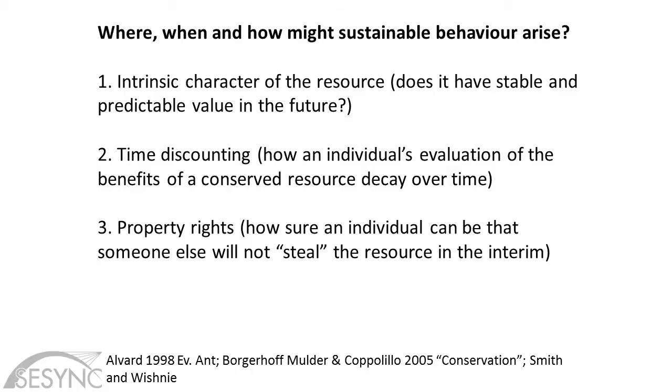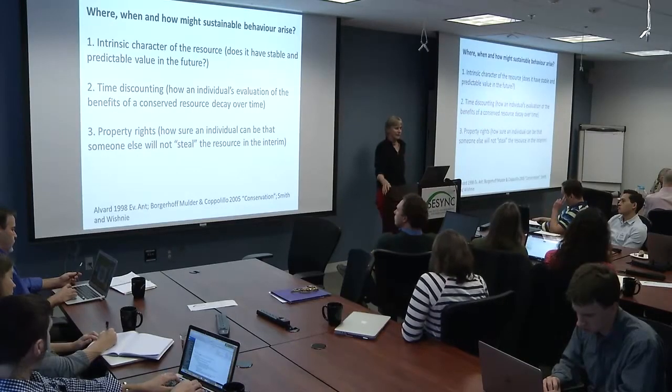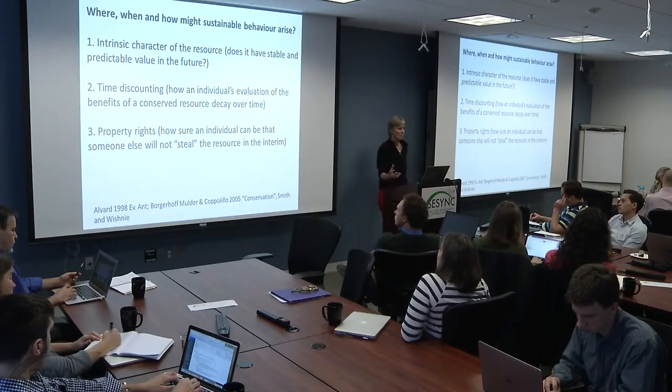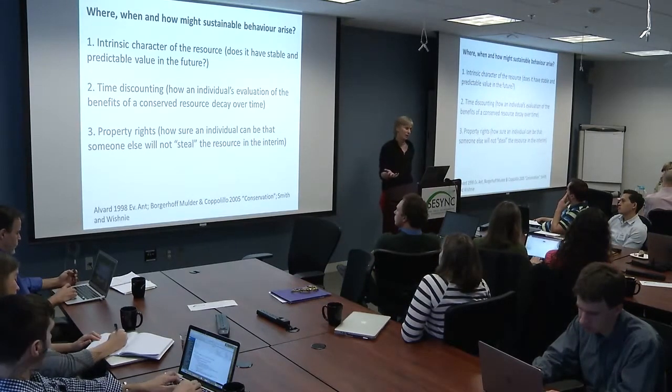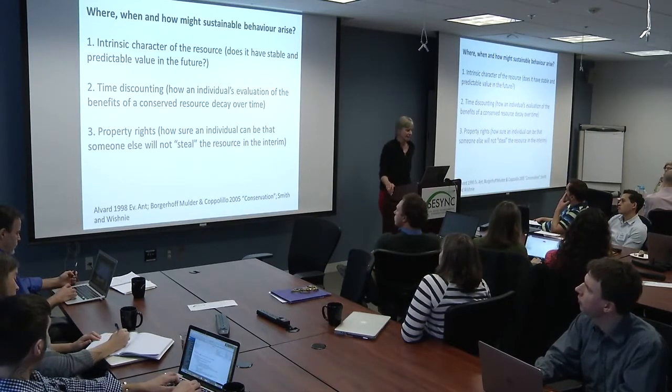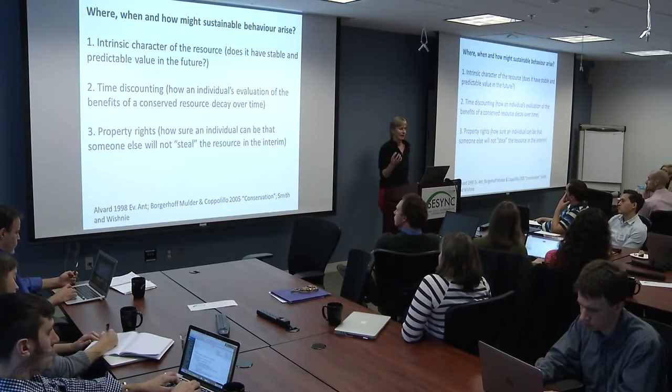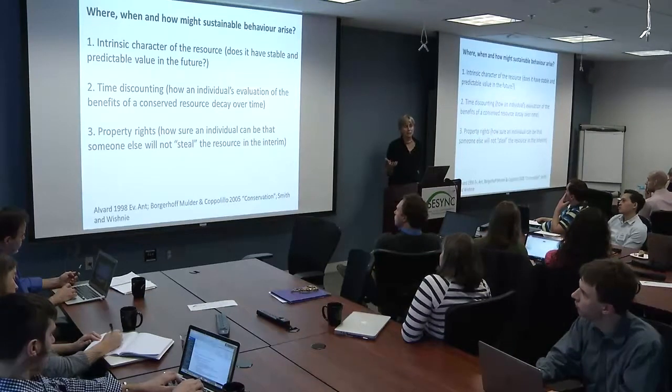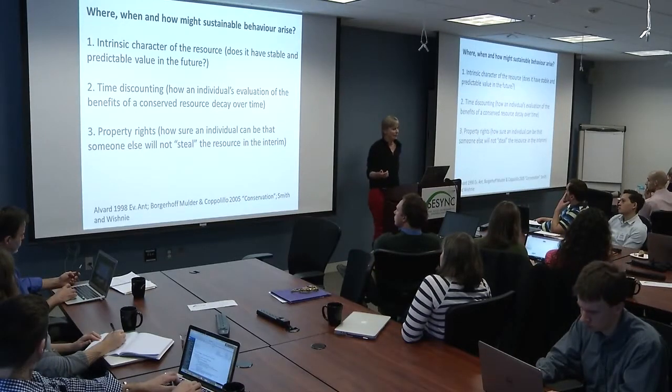I think these are interesting questions to follow. I have three different factors that I'm going to consider here. The first is that conservation is more likely to arise when the intrinsic character of the resource is stable and predictable over time. Secondly, we have to consider time discounting: how an individual's evaluation of the benefits of a conserved resource decays over time.